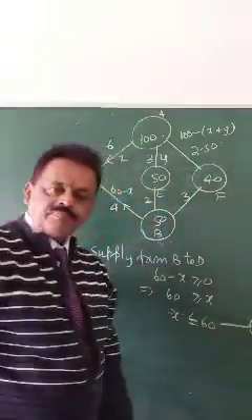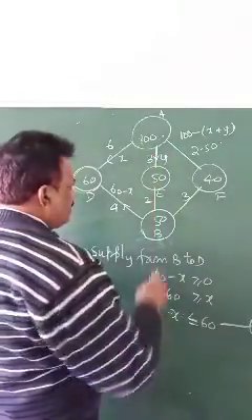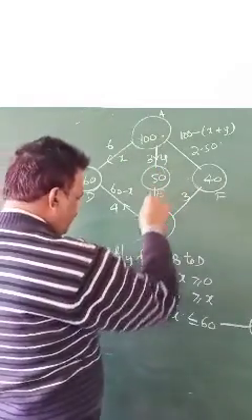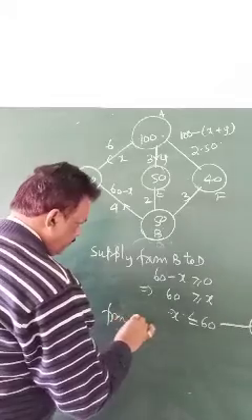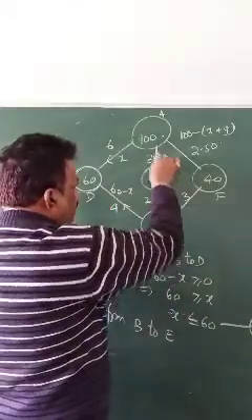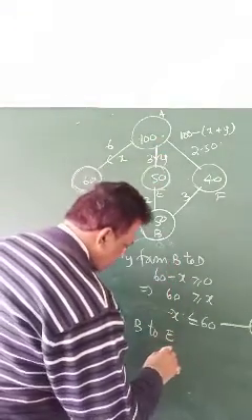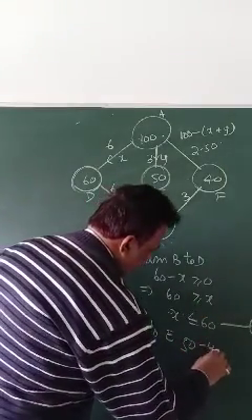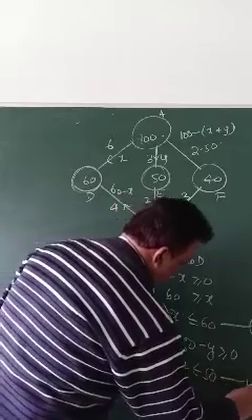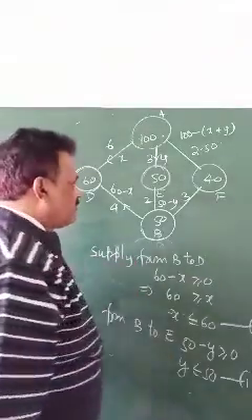Equation 2. Y you have got here, requirement is 50, so B to E is 50 minus y, which is greater than 0, so y is less than 50. Equation number 3.